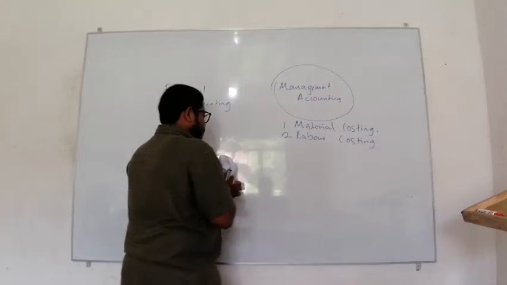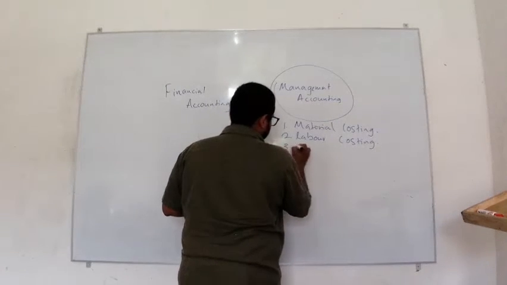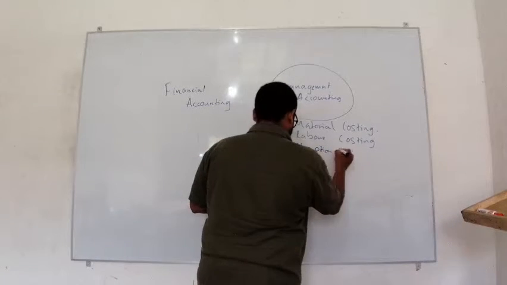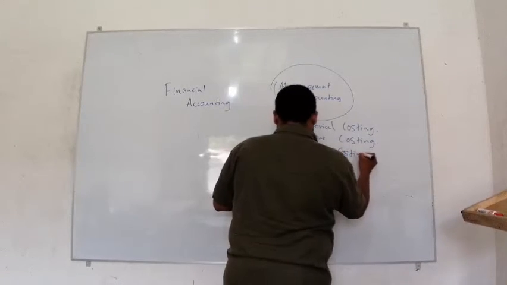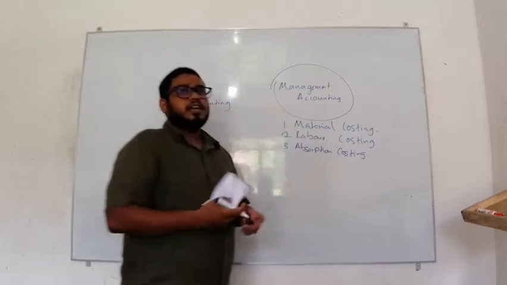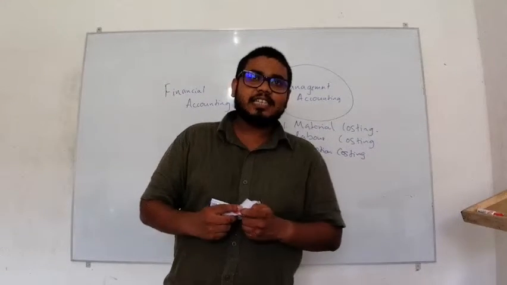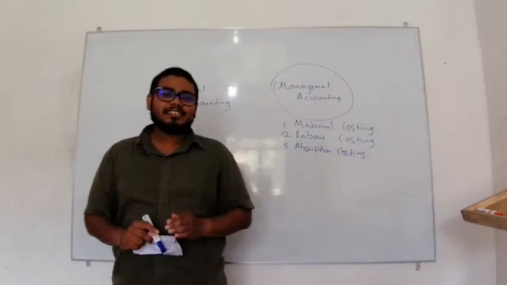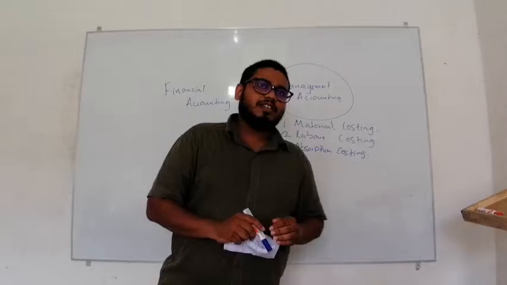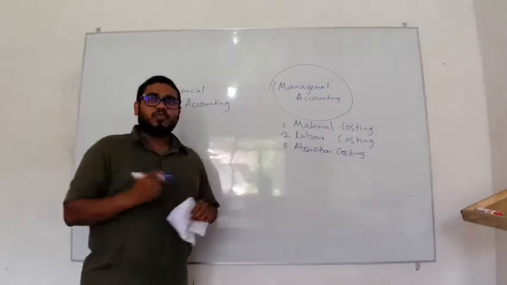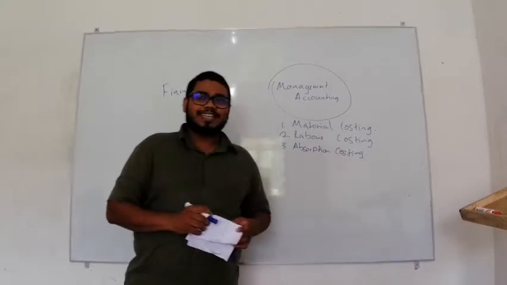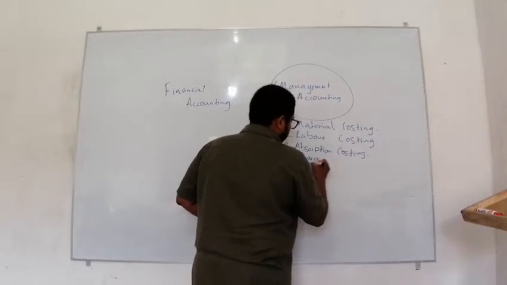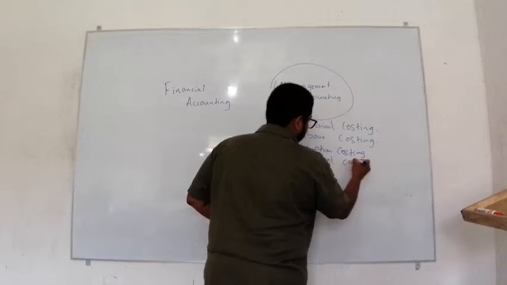Third one is absorption costing. In absorption costing, basically you will learn how to prepare absorption cost analysis sheets and absorption cost rate. The fourth part in this management accounting is marginal costing.